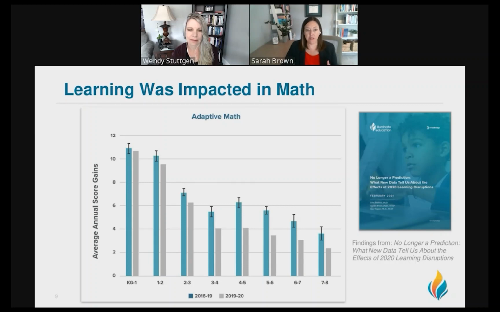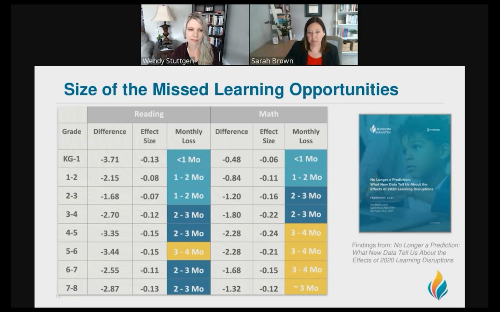You'll see a significantly lower gain from fall to fall in 19-20 compared to the 3 prior years, with differences at different grade levels. So what does this really mean, though, in terms of the size of the missed opportunities in learning and helping students get more additional opportunities to learn?